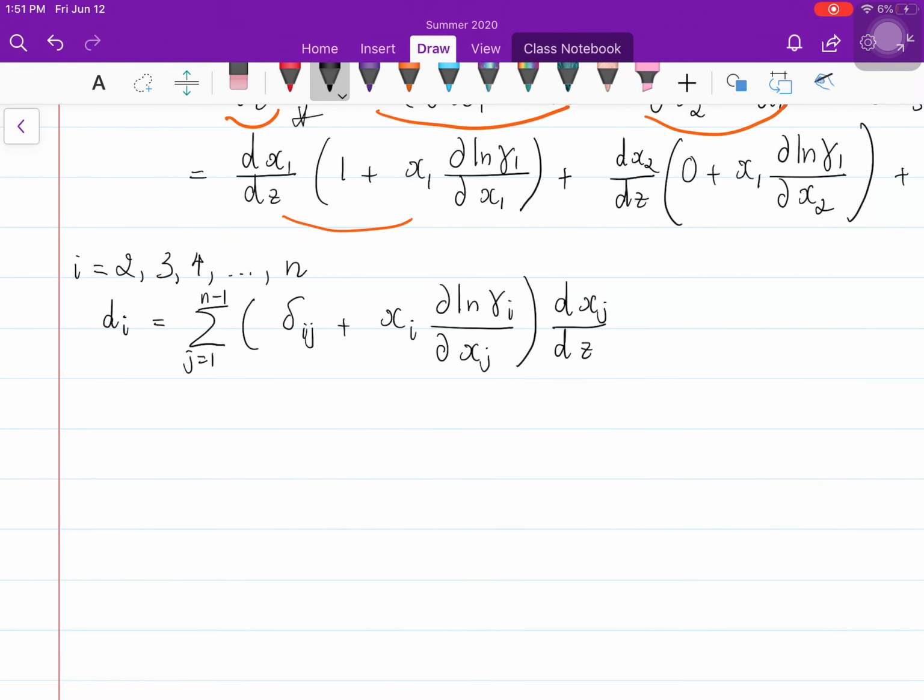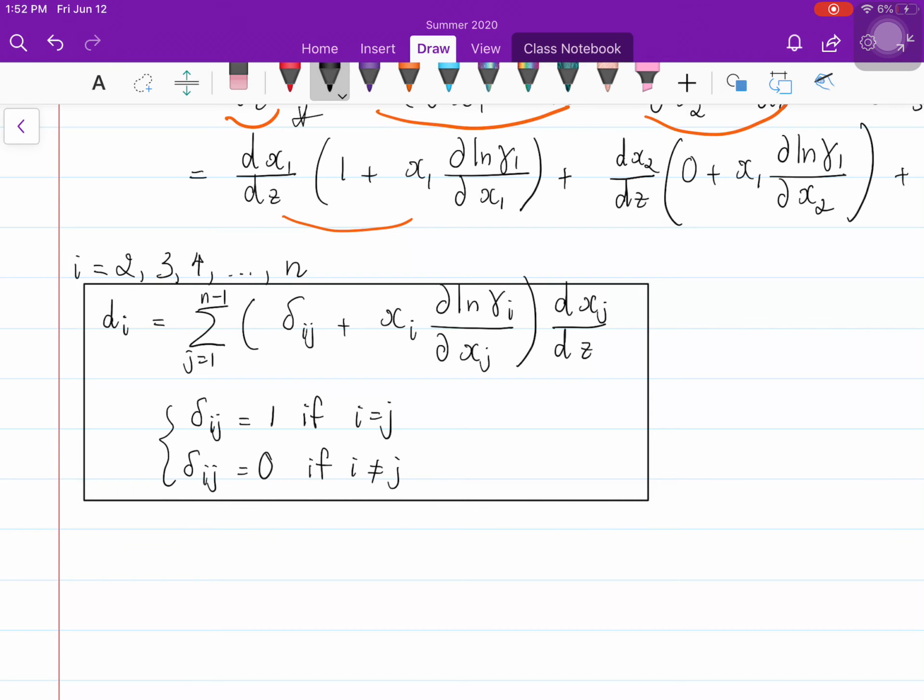And delta ij is called the Kronecker delta. The Kronecker delta ij has a value of 1 when i equals j, and it'll be 0 when i and j are not equal.